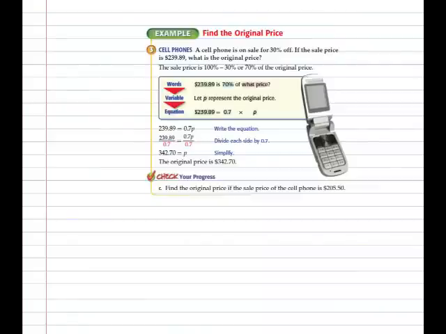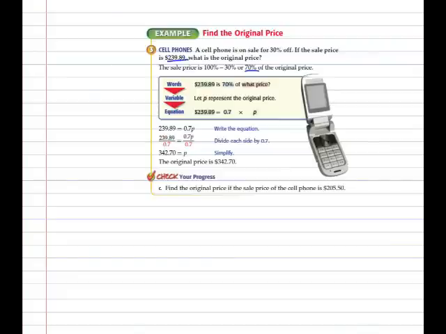The cell phone is on sale for 30% off. If the sale price is $239.89, what is the original price? The sale price is 100% minus 30%, or 70% of the original price. So this amount, $239.89, represents 70% of the original price.